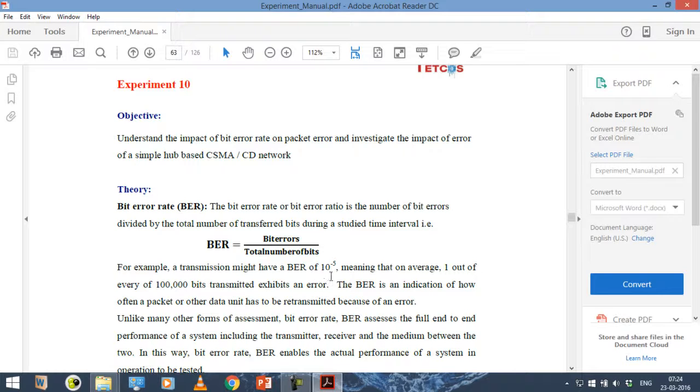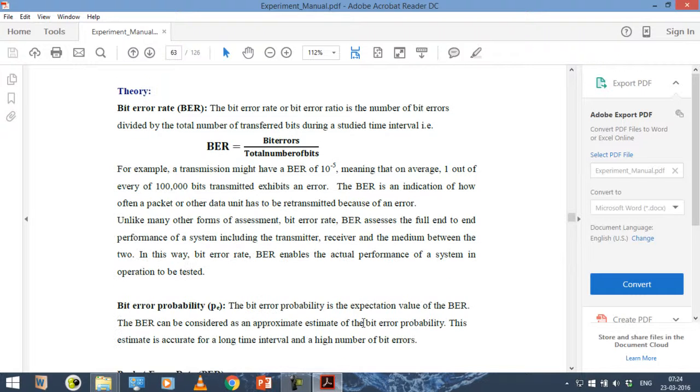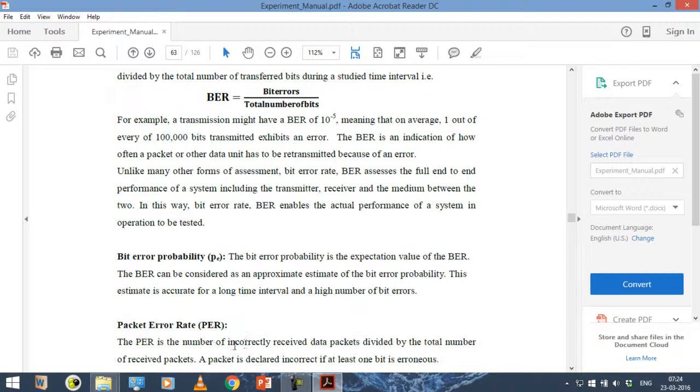The proportion would be 10 power minus 5. So this BER is an indication of how often a packet or other data unit has to be retransmitted because of this error.